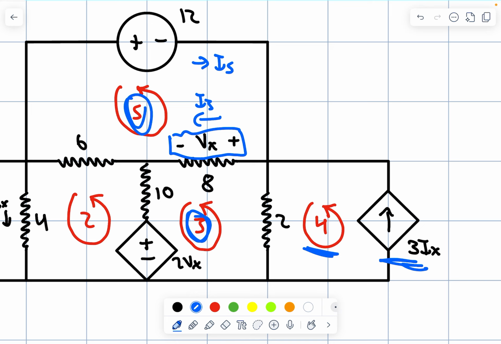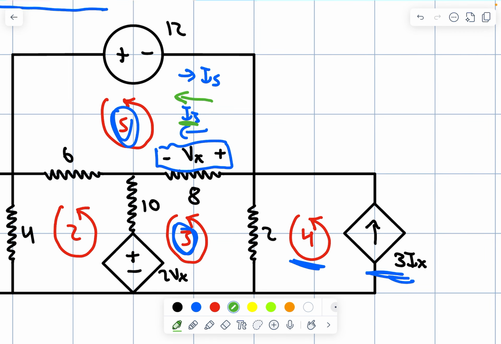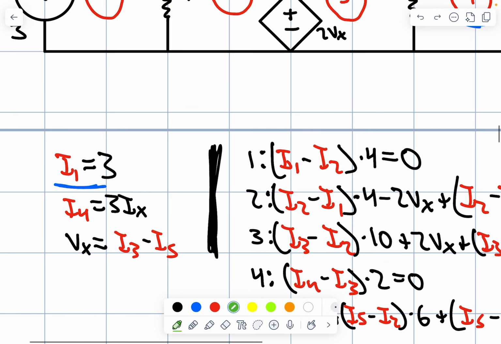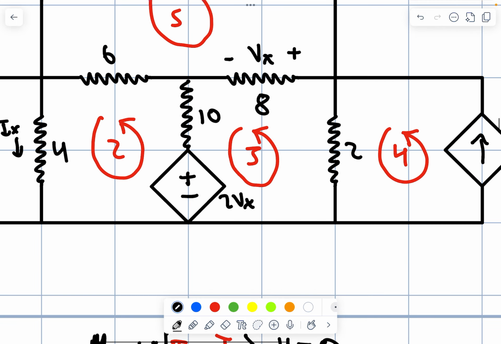And they're countering one another. And we want the overall current going in this direction, going from positive to negative, dropping across the 8 ohm resistor. And that, of course, would then be I3 being positive, going in the same direction here, you'll notice, minus I5, because it's going in the opposing direction, okay? So I've written that in down here. I1 equals 3, I4 equals 3ix, and Vx is equal to I3 minus I5 times 8, because IR is multiplied by the resistor.